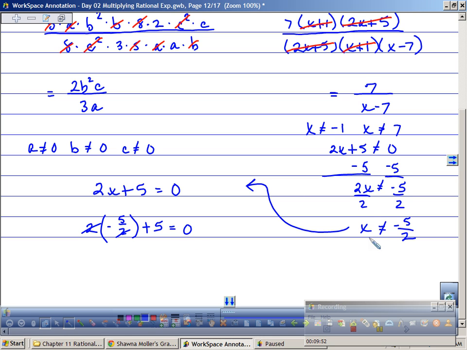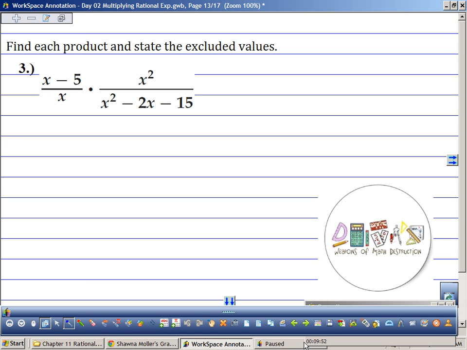We don't want it to equal 0, so x can't be -5 halves. That's pretty abstract. That's about as far as it gets. Not too bad, right? But there's a little bit of abstract thinking. You have to think of what number would I multiply 2 by and then add 5, and that would make 0. So I don't want it to do that. I don't want it to be 0. All right, let's keep going.